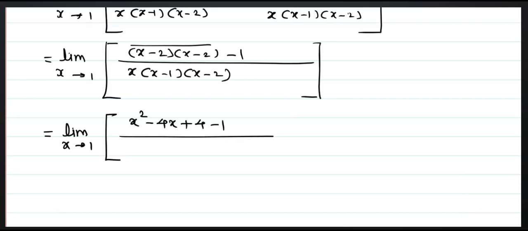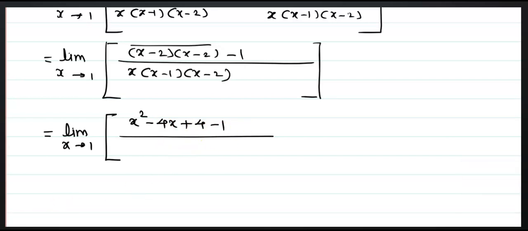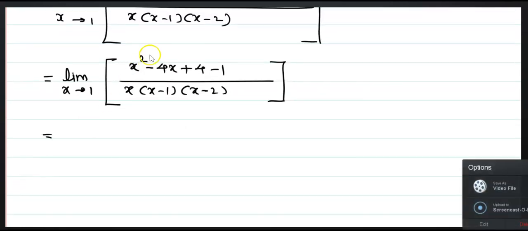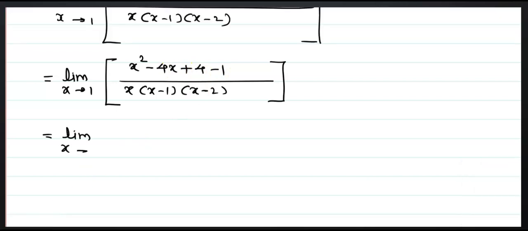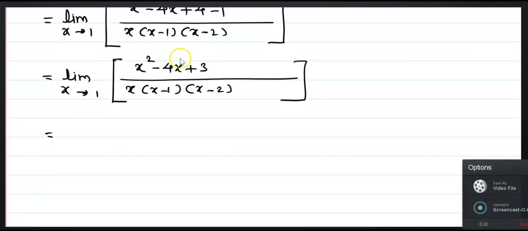And overall, if we simplify the multiplication, x minus 2 bracket square, that is x square minus 4x plus 4 minus 1, and the denominator is kept as it is. Therefore x square minus 4x plus 3, and again factorize it. What are the factors of x square minus 4x plus 3?